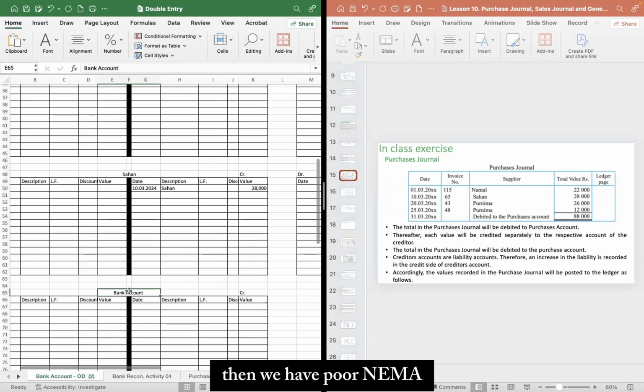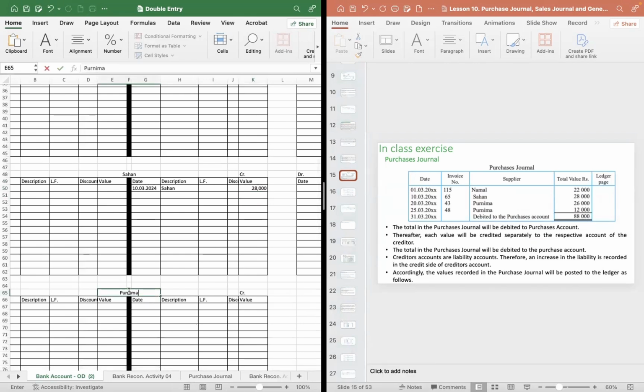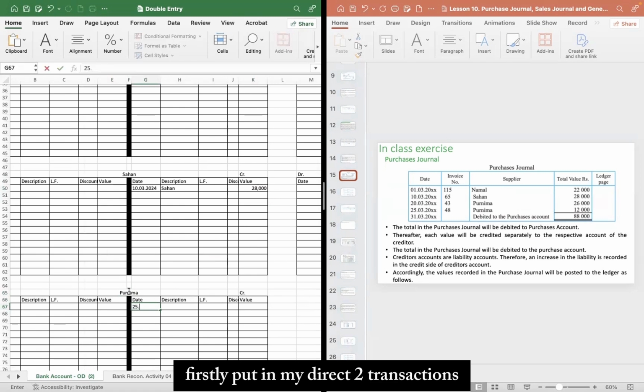Then we have Purnima. Firstly, for Purnima, there are two transactions.